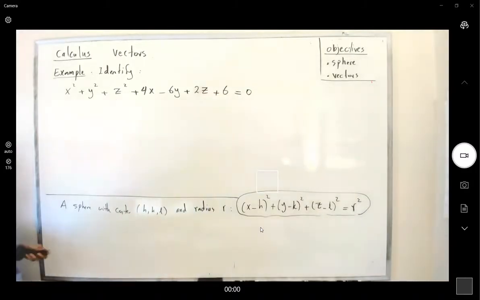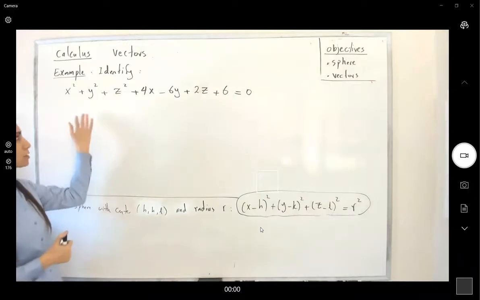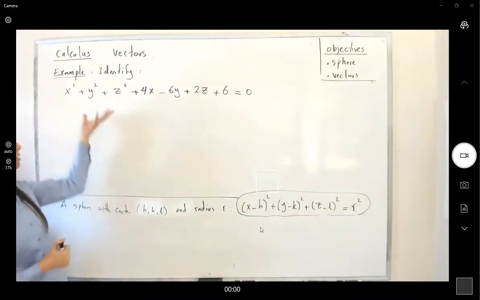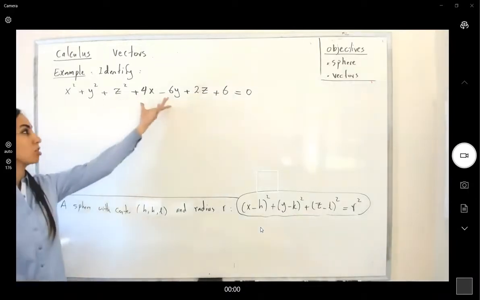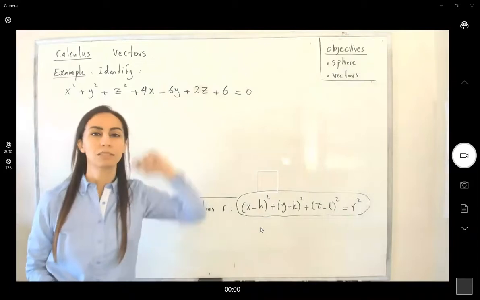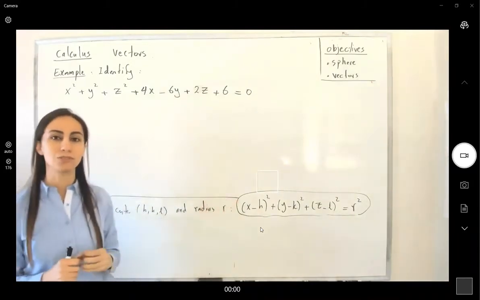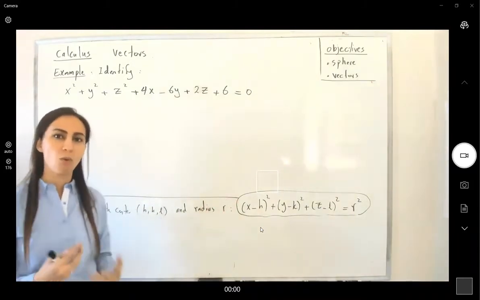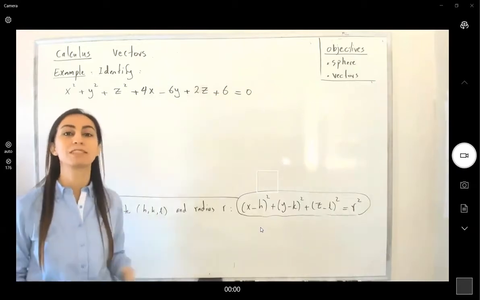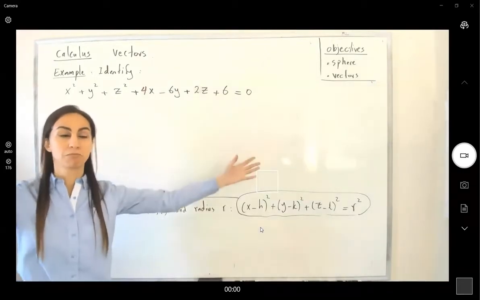Okay, perfect. What do we have here? x squared plus y squared plus z squared, some quadratic terms, some linear terms, and a constant, equal to 0. We have an equation and we need to identify this equation. What does this equation represent in the space?